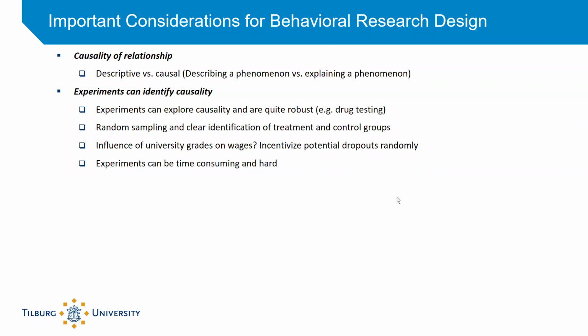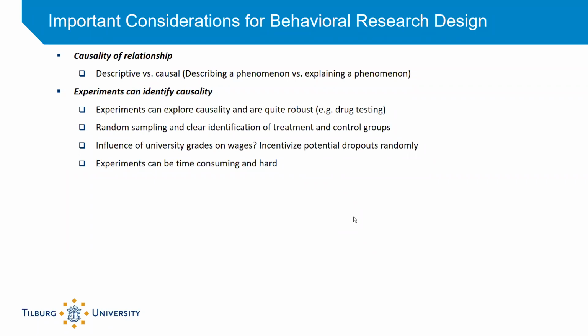If the treatment group shows a significant positive effect, whereas the control group shows a very minimal positive effect, we can say that the drug has some positive influence or not. So notice I talked about two important things that make experiments so good at bringing out causality. One is random sampling, and the second is clear identification of treatment and control groups.